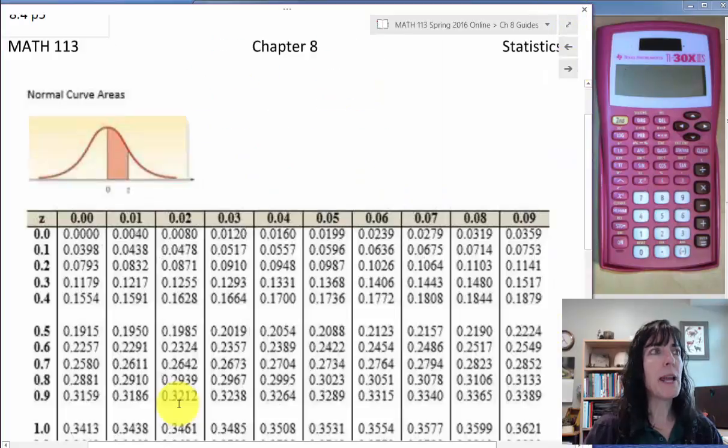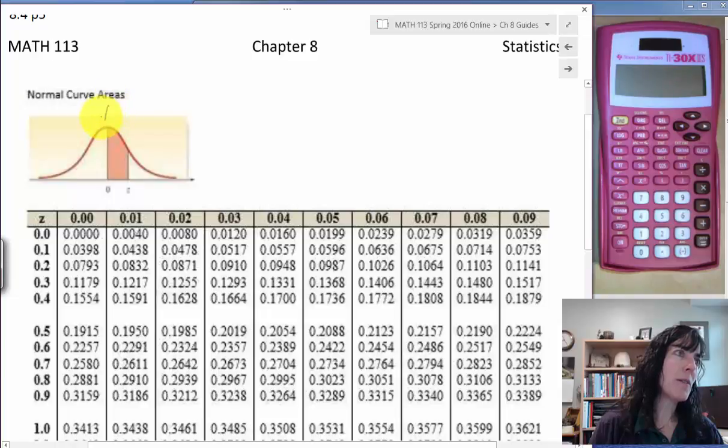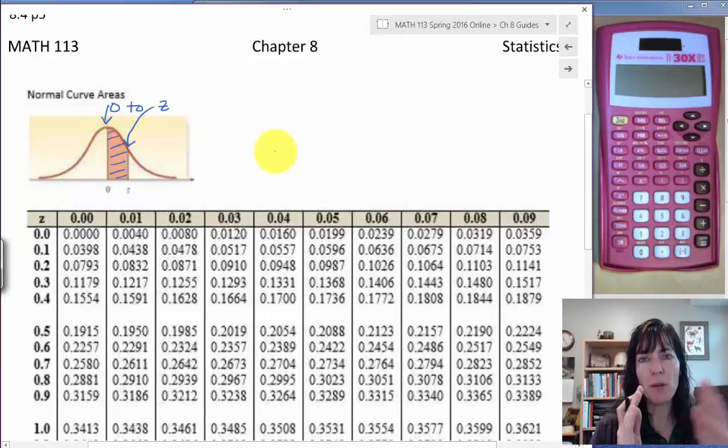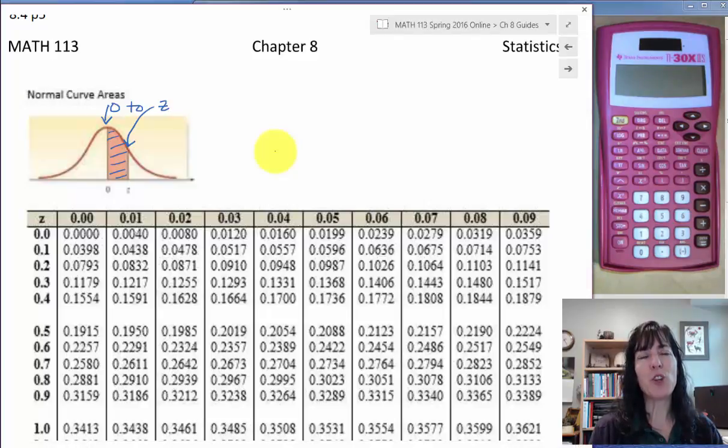This table shows us that from 0 to whatever number you look up on the Z parts, you will get this area that's shaded. So from 0 to whatever Z score you look up. And every table is going to be different in terms of what region they give you a Z score for.